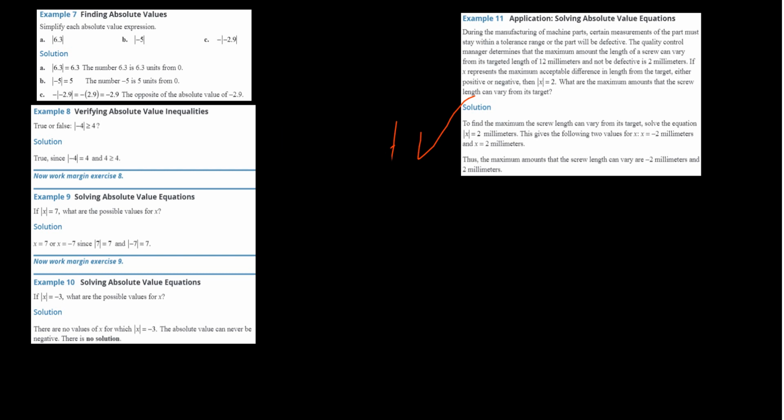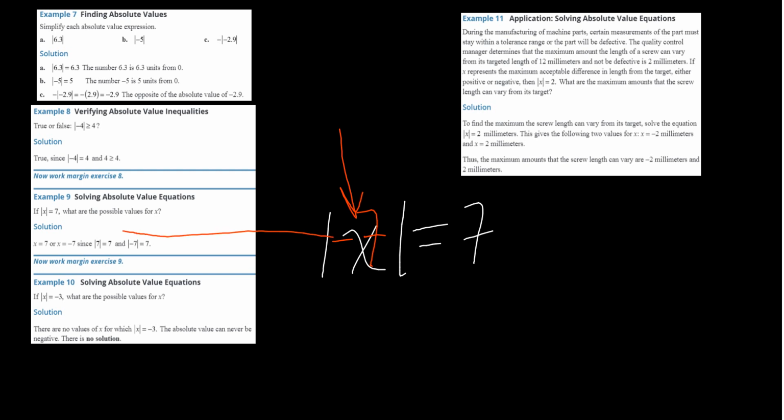Example 9. If the absolute value of x is equal to 7, what are the possible values for x? Of course you can see these answers, and later on in the textbook I will be doing the computation, but these are just one line long, so it's not really a big deal.